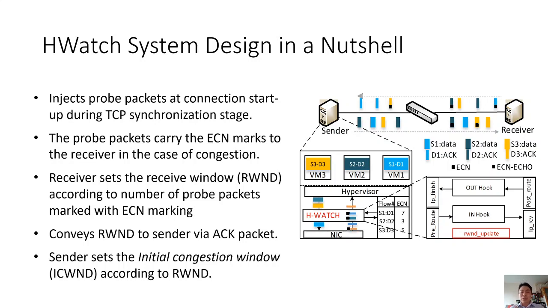Then the receiver will decide and set the receive window, or R window, based on the number of packets marked with ECN. Then it passes the information to the sender through the acknowledgement packet. Then the sender will set the initial congestion window based on information received from the receiver.